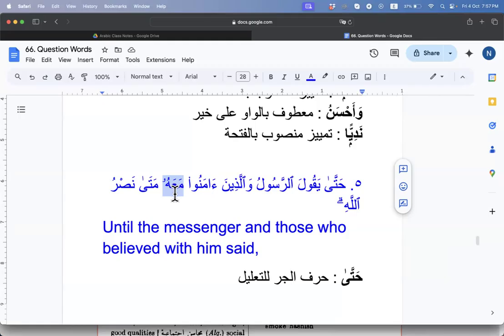So for jar or majrur, for zarf, this kind of words, that's why usually the ones that we have multiple i'rab most of the time is actually this kind, the jar or majrur kind, the shibu jumlah kind. You can see it a few ways. But when you have a clear ism, usually you have a very strong apparent one and then maybe some other choices, but that's not many.